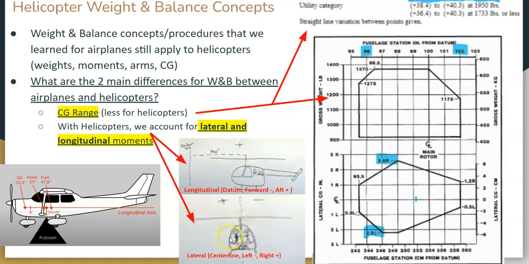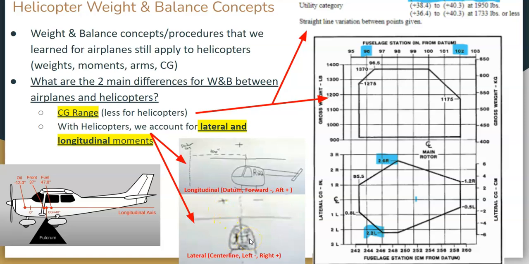If you take a look at this picture, and I know it's a little fuzzy, you're going to see two guys inside of a Robinson R-22 helicopter being drawn. They have this axis here that's the center line, and essentially on the left side of the aircraft, from the perspective of the pilots, it's negative. And on the right side of the aircraft, from the perspective of the pilot, it is positive.